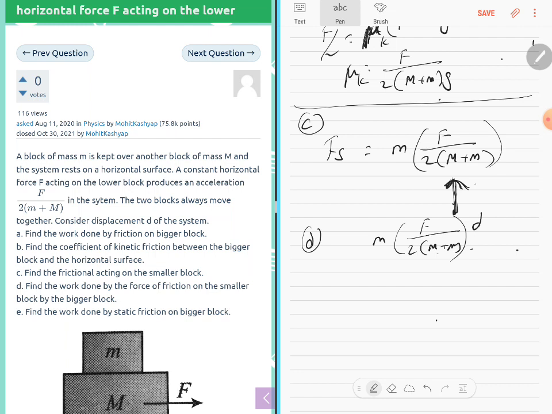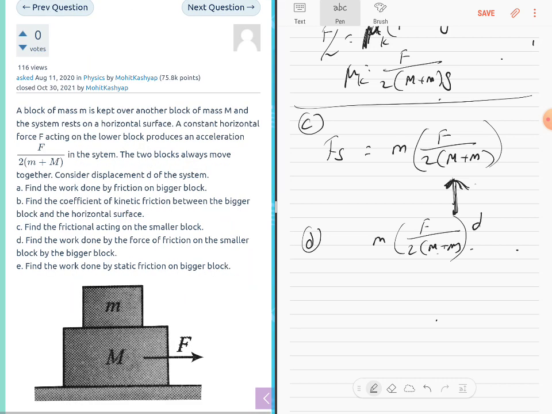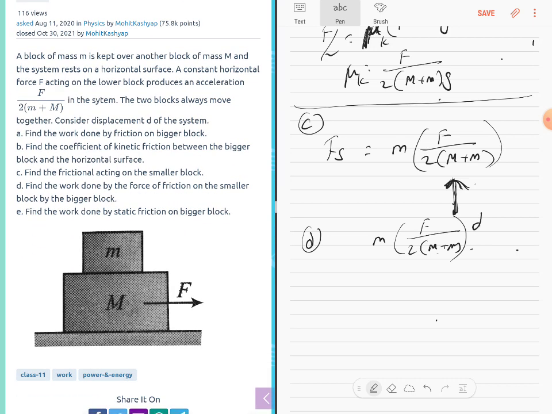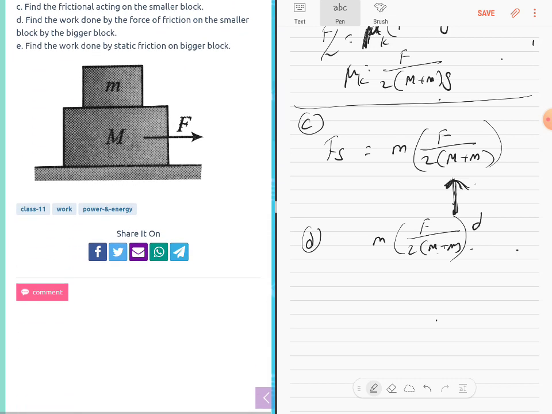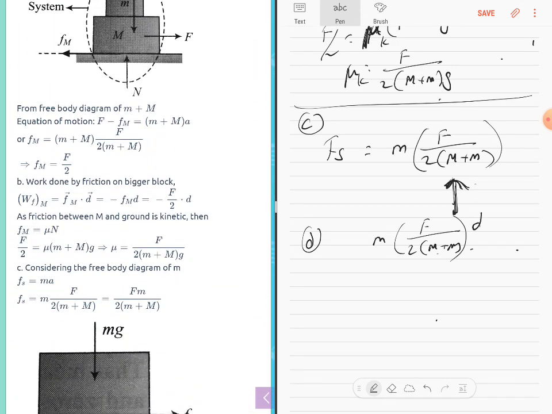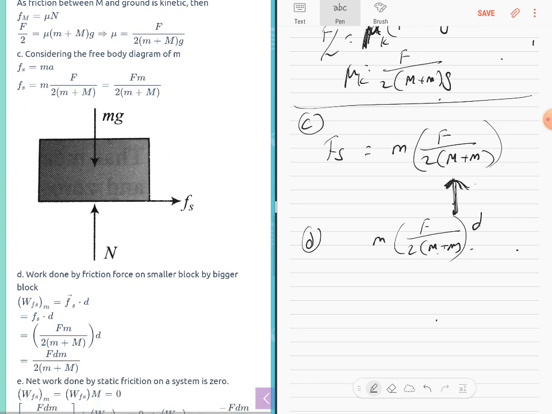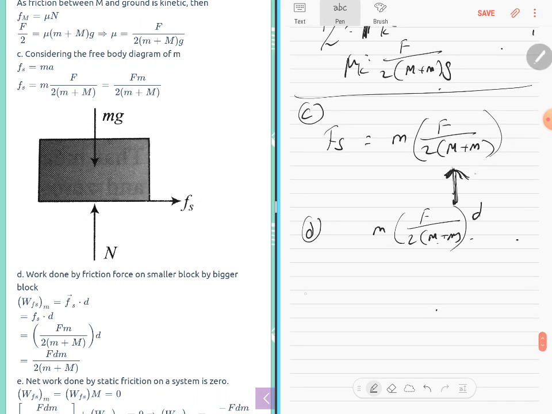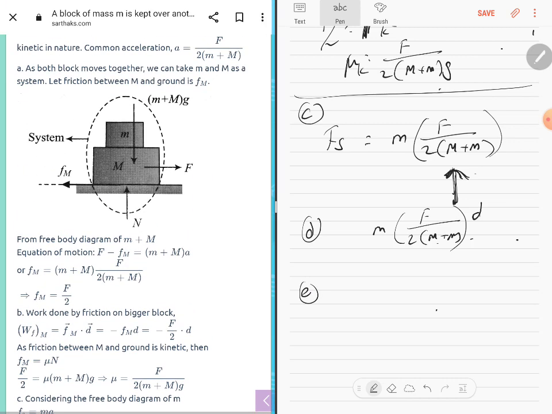Let me see if it's correct. Yes, the work done by the frictional force on the smaller block by the bigger block, we got this.